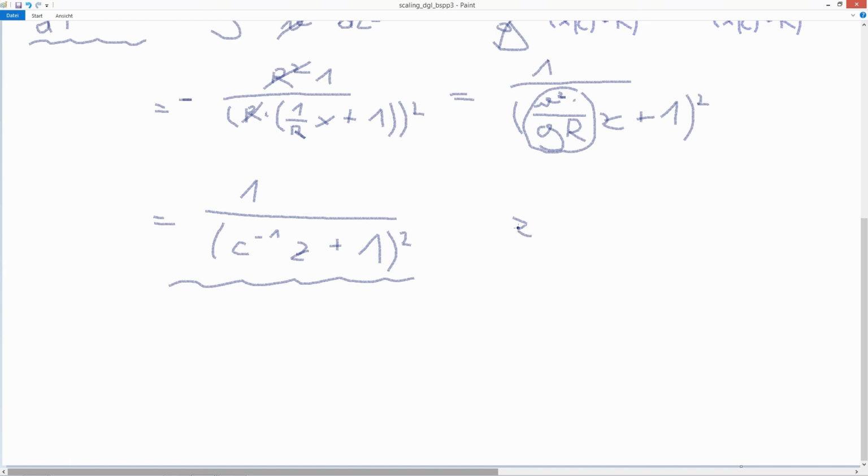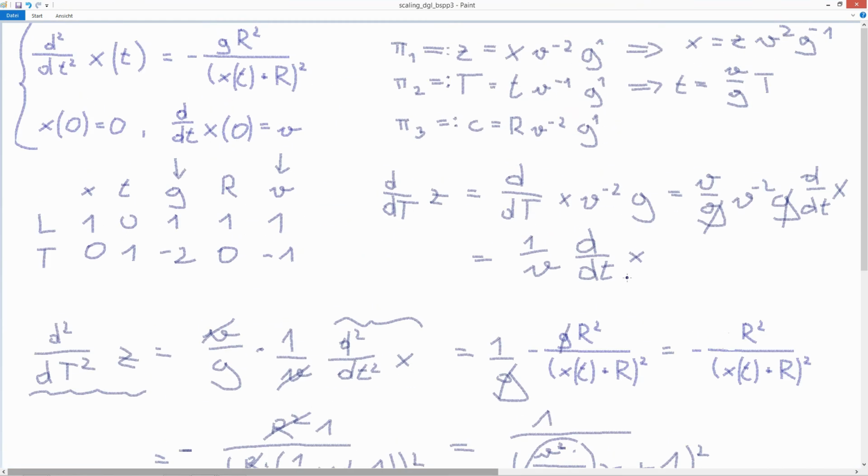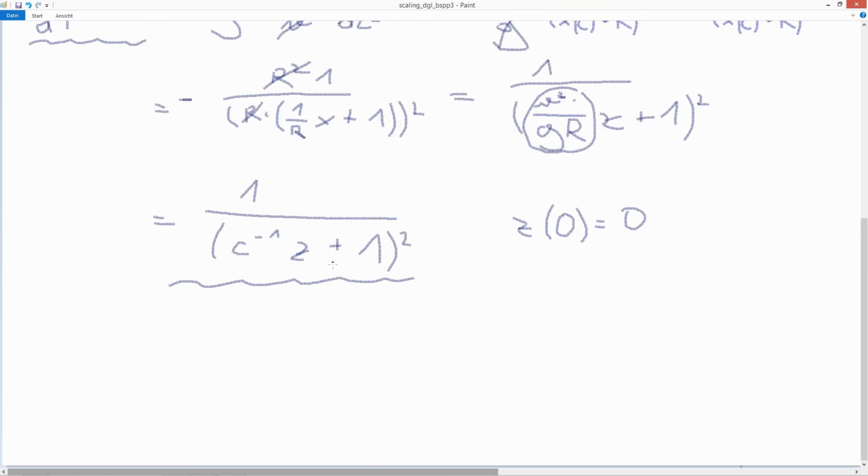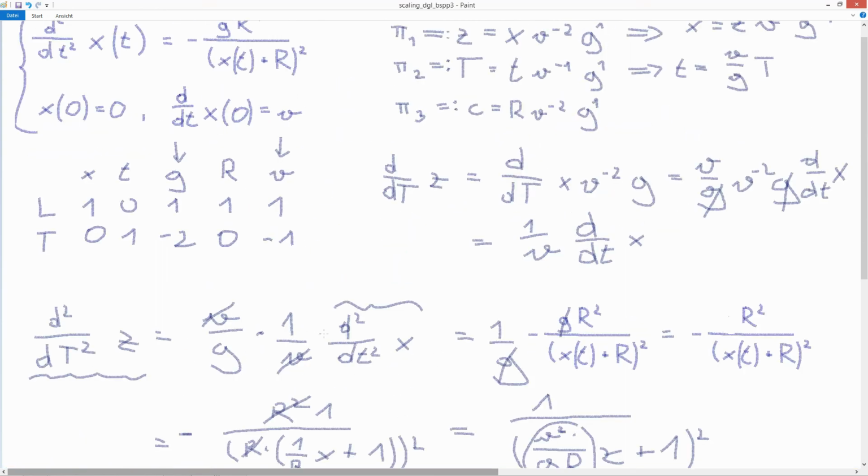So z0 doesn't change, it's still 0. You get this from this relation here, and this here you can calculate by using this relation here.